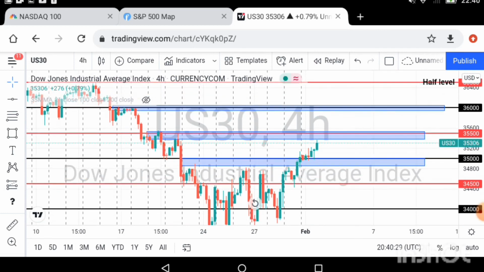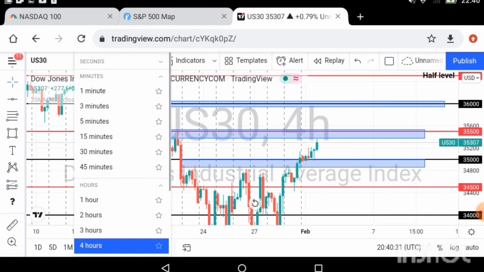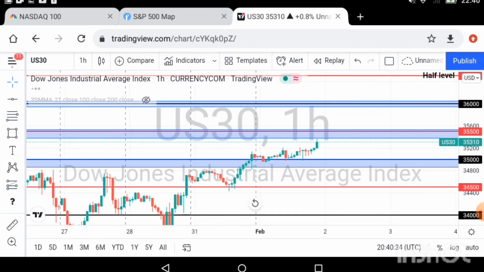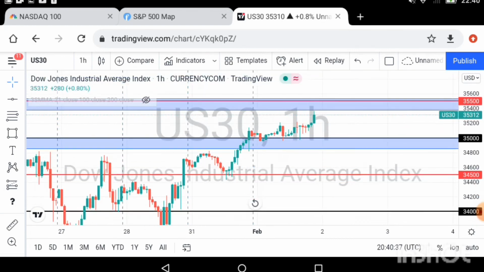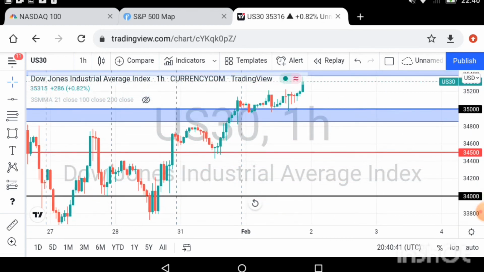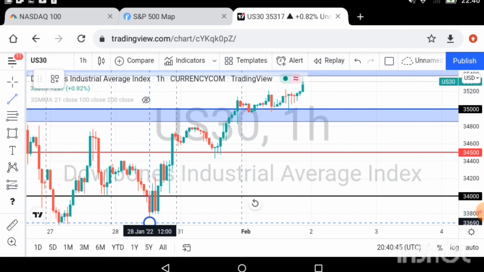So now let me go to a smaller time frame. Let's see if we can spice it up and add extra confirmations and tools to give us an idea of what we are looking for. Just try to get in a trend line here. Let's see if it allows.